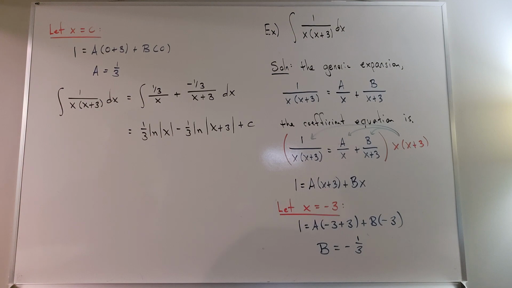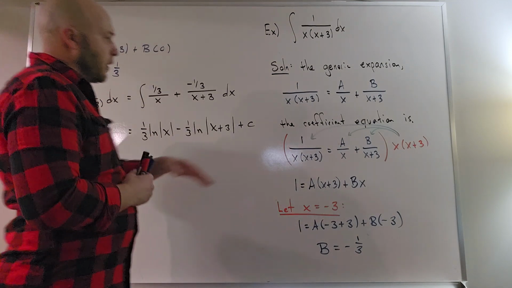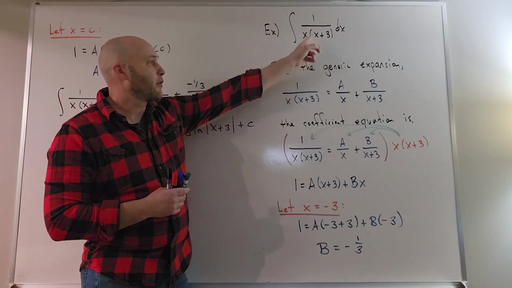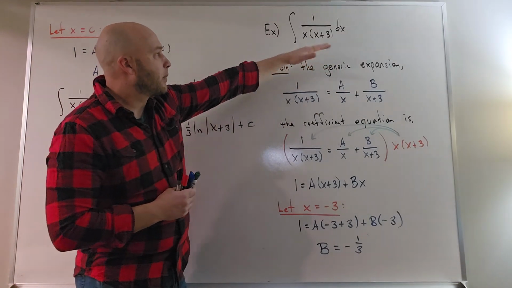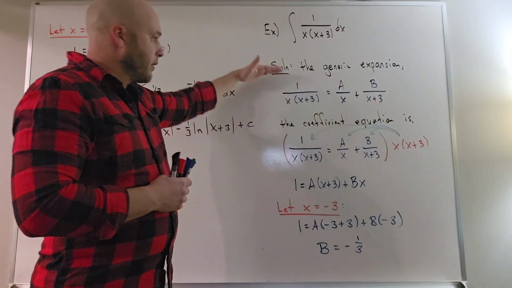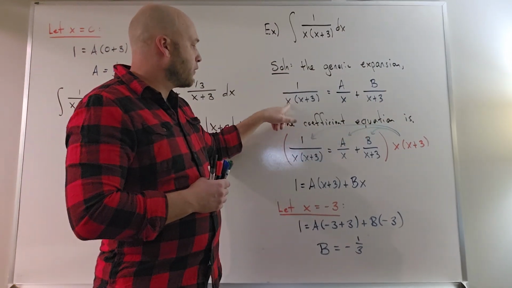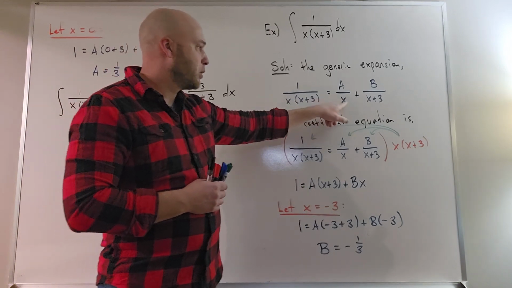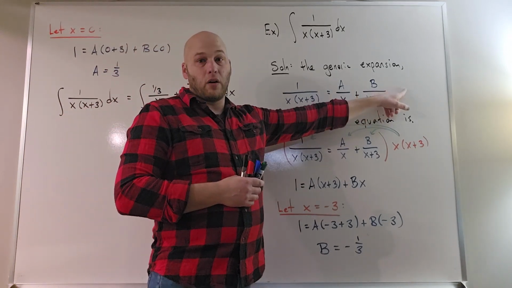Okay. Now I'll do another example for case 1 where the denominator consists of non-repeated linear factors. But you could imagine if I had a third factor here, or a fourth, fifth, sixth, it's going to work out the same way, where each factor in the denominator is going to contribute to one expression in the generic expansion.